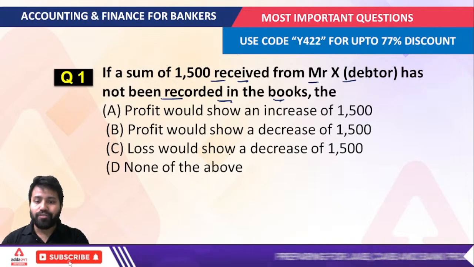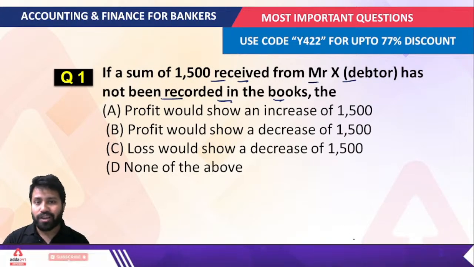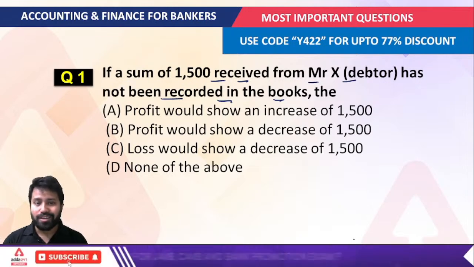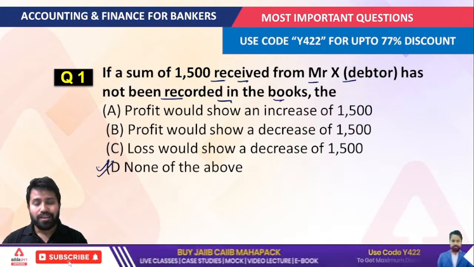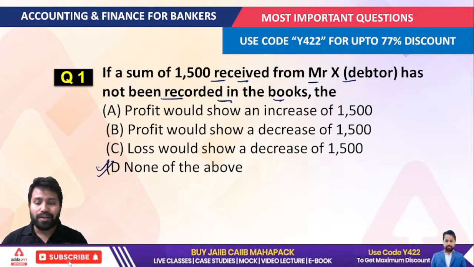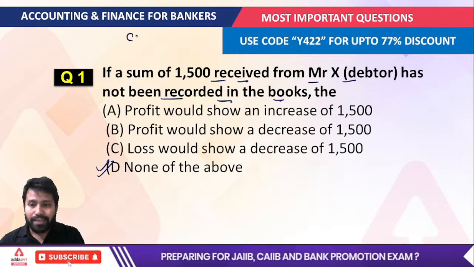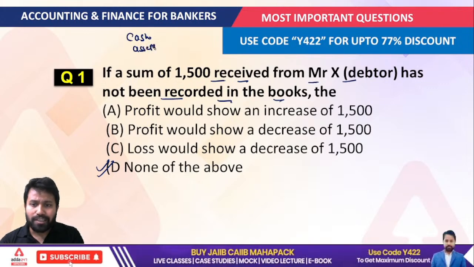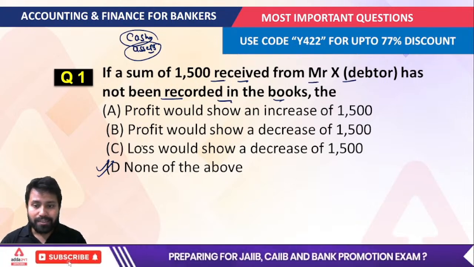So you have to find out which option is correct. Tell me, what should be the correct answer of this? The correct answer should be none of these, because whenever we talk about any sum that is received from the debtor, we are actually talking about two things: the cash, or you can also consider the assets. So we are talking about the assets, and assets and profit and loss are different things.